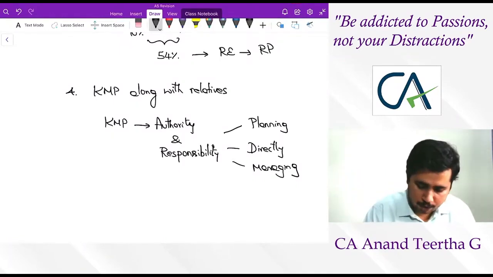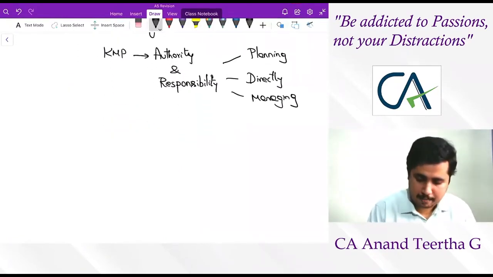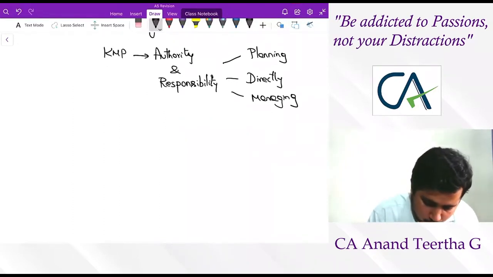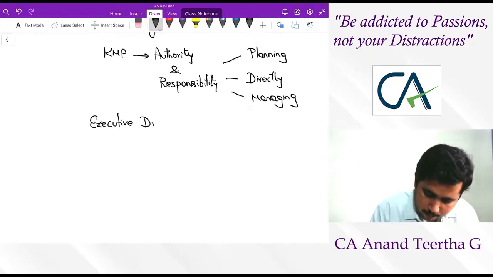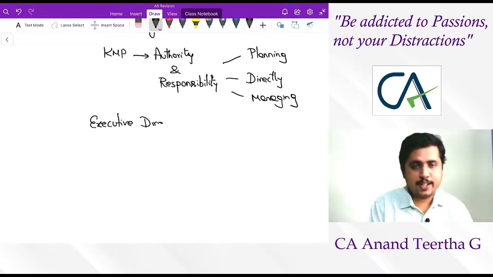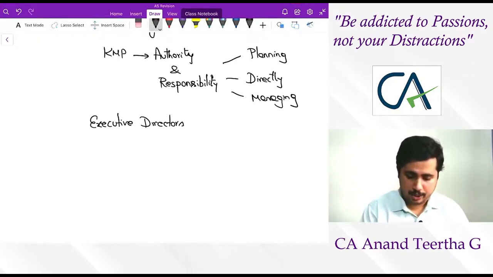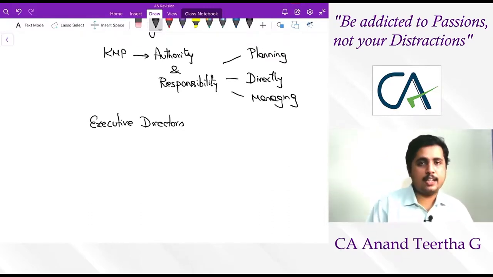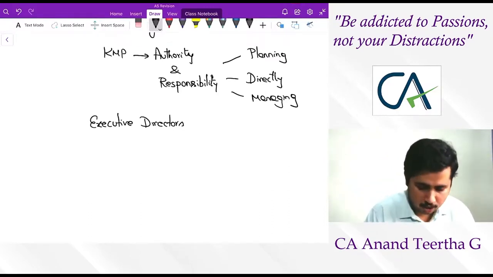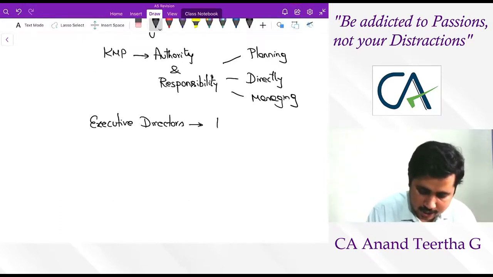So these key managerial personnel will be divided into two. One, executive directors. Who are executive directors? The ones who conduct the business of the company. Are they coming under this authority and responsibility for planning and all? The answer is yes. So these are KMP.